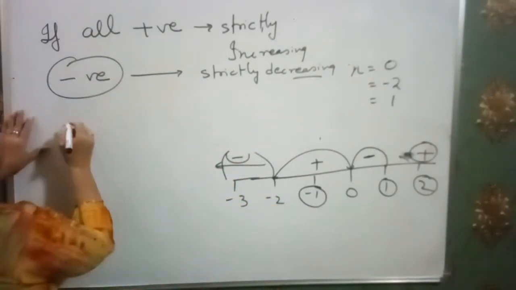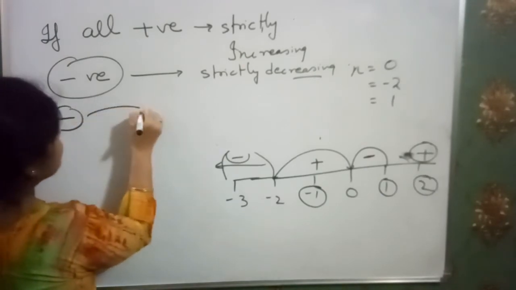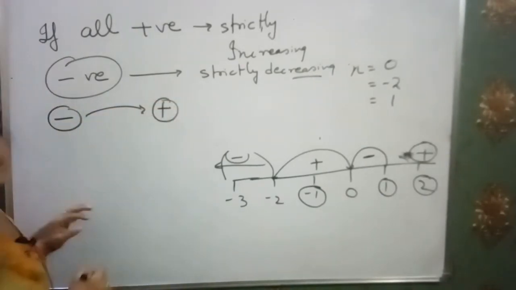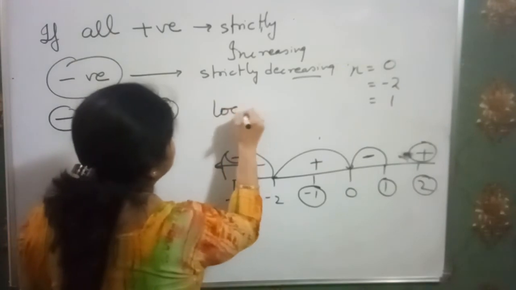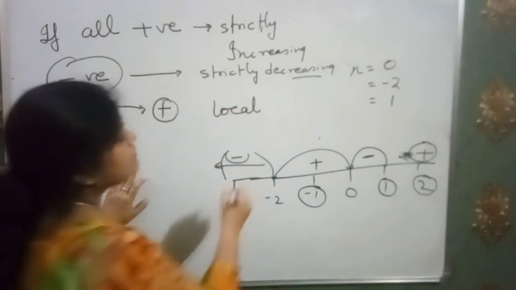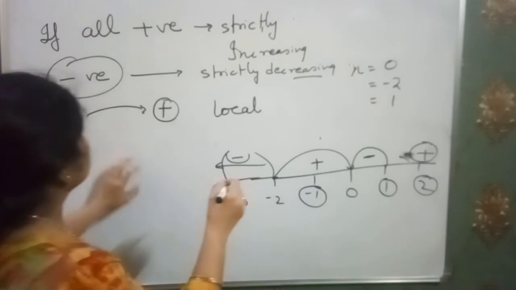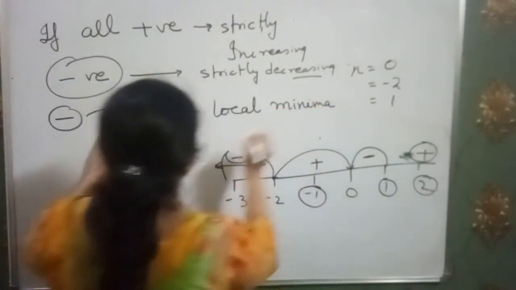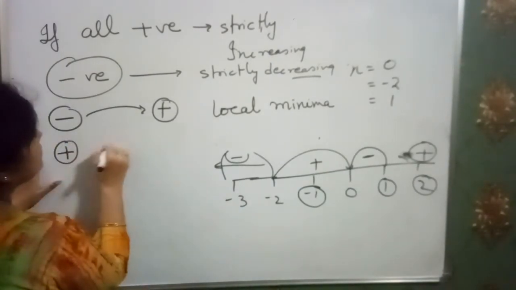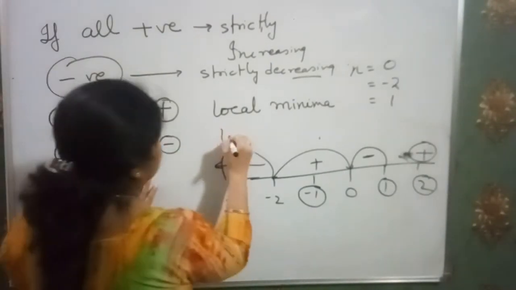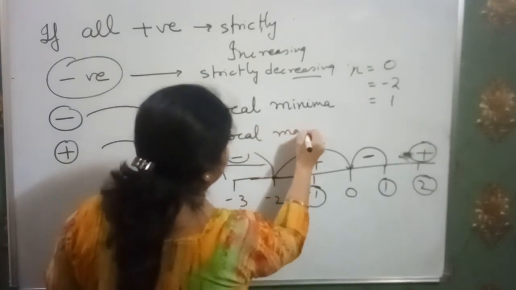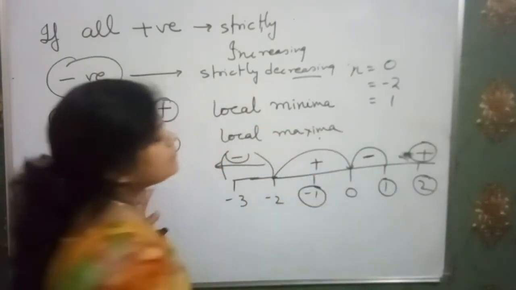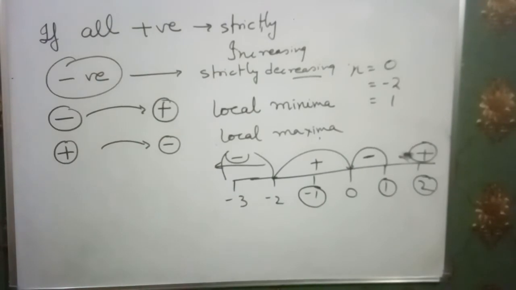So when the values change from minus to plus, then it is local minima, and if it is plus to minus, then local maxima. Write it down. After that, I am going to solve this question.